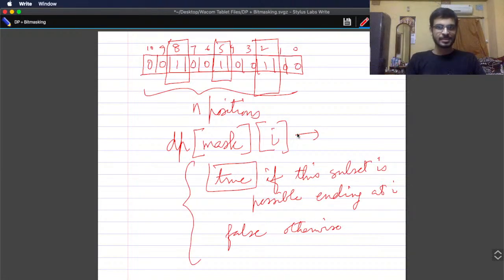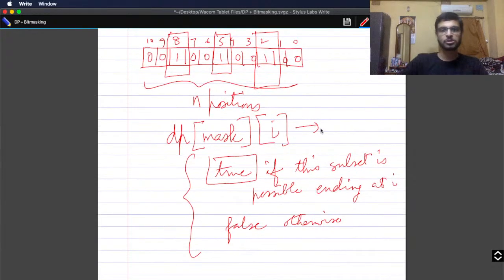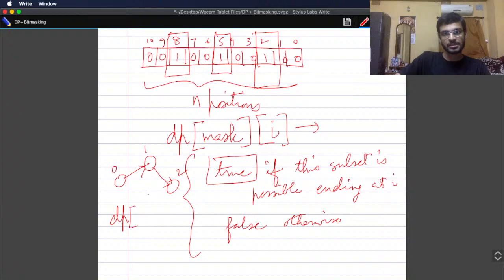Okay? So what does this indicate? Suppose over here, let us have it over here. Suppose this vertex 0, this vertex 1, this vertex 2. It is going in this manner. So what can I say? That does this mask of 0 1 1 exist that ends at vertex 1?